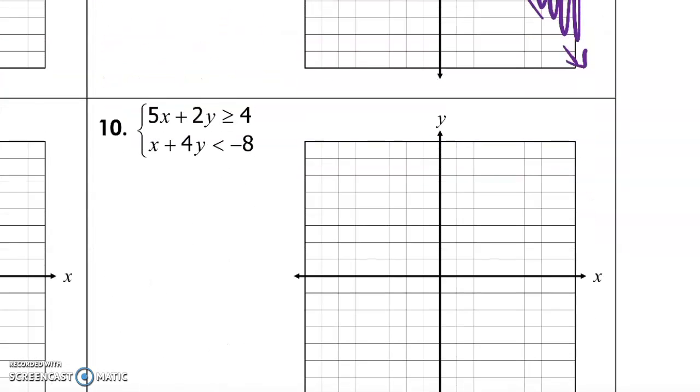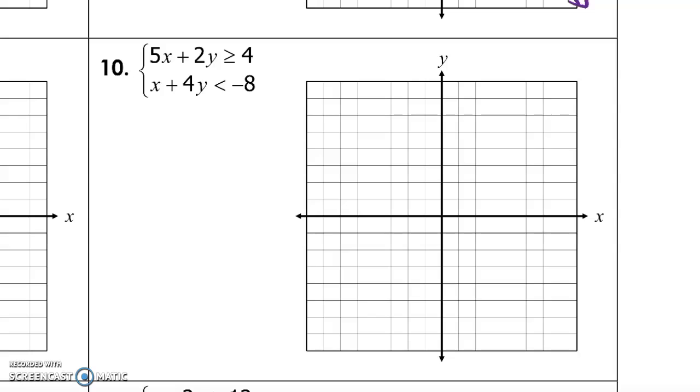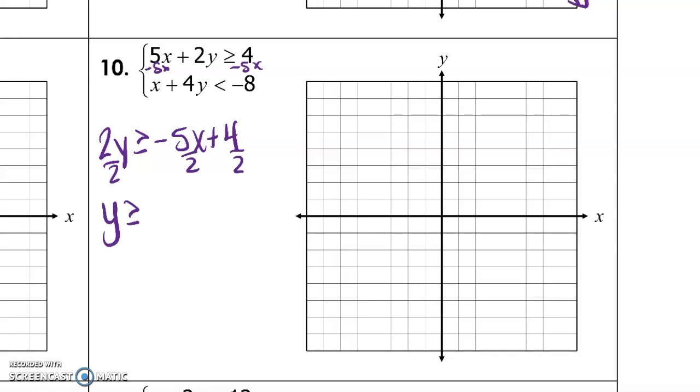Number 10, I need to solve both of them. So I'm just going to try to write a little bit less. I know I need to subtract 5x first. So 2y is greater than or equal to -5x plus 4. Then I can divide everything by 2. Y is greater than or equal to -5/2 x plus 2.